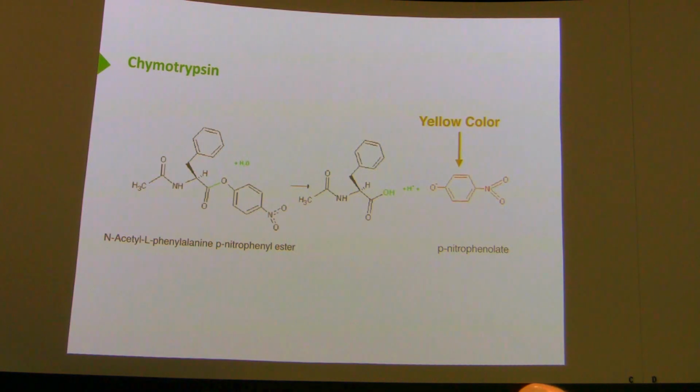Well, color, of course, I can easily and quickly monitor in real time with a spectrophotometer. So doing that, I can understand the steps of how this process is occurring. And when I do that, I find something kind of interesting, which is what I'm going to show you next. Okay? So everybody understands that the cutting produces a yellow color, correct?